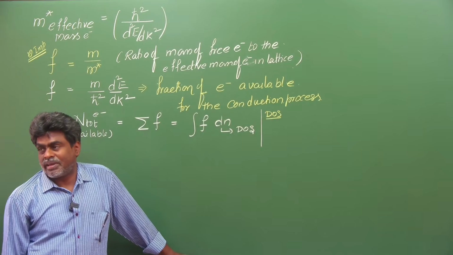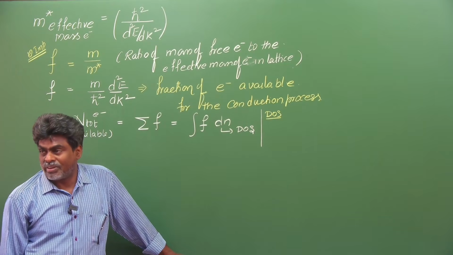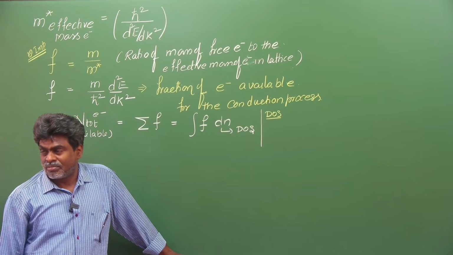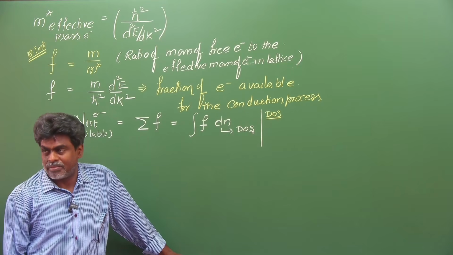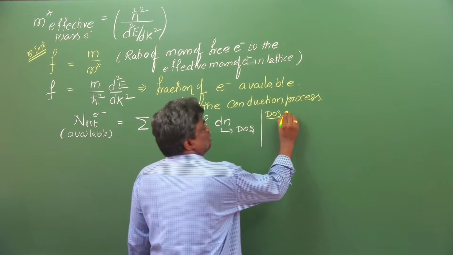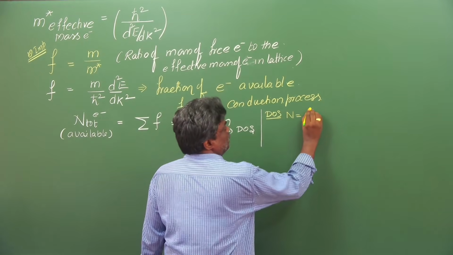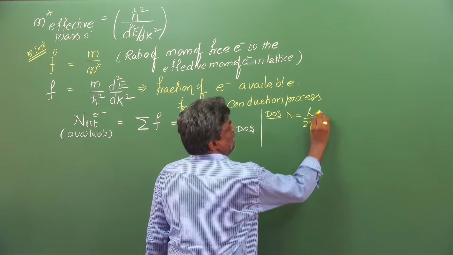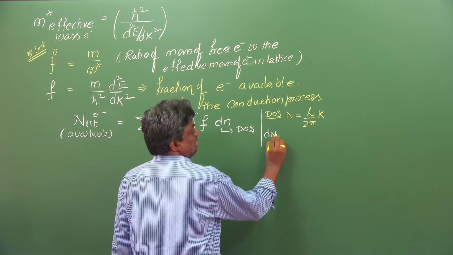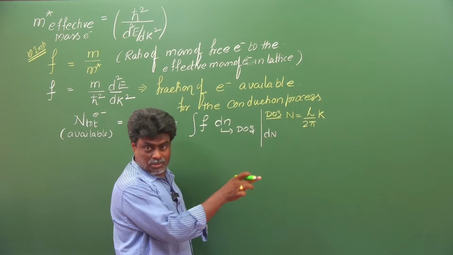Now the density of states in one dimension. How will you find it? First you will write n. What is n for one dimension? First we will write n equal to L by 2 pi into k. Then dn equal to, or you can write a small n also, no problem.